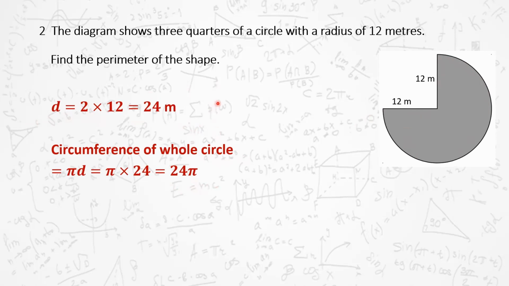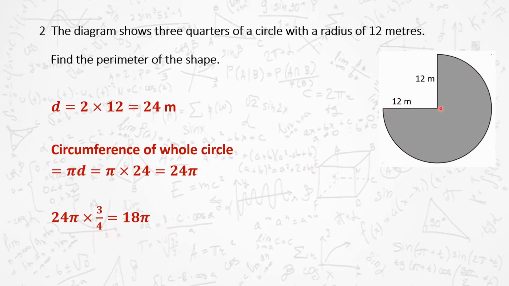This is only 3/4 of a circle, so the circumference of 3/4 of the circle is 24 pi times 3/4. So times by 3 divided by 4. Put in the calculator, we have 18 pi. So this will give you all the curved region.